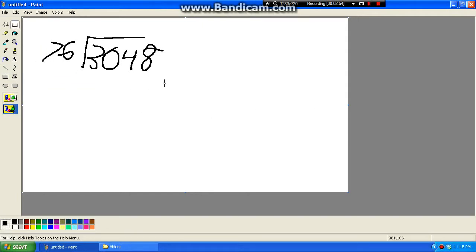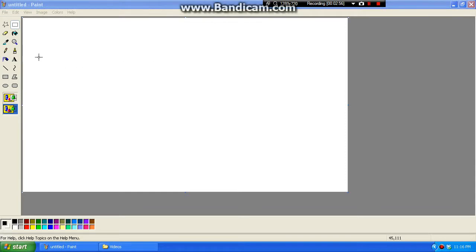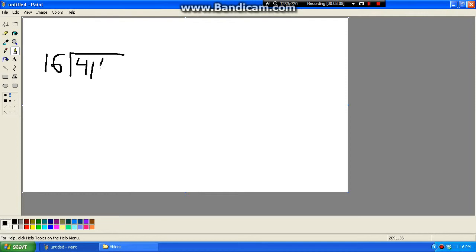Well, let's have an example. I hope this example works for my purposes. We're going to say, how many times does the number 16 go into 4,144? We're using this example as our reference to see how we can generalize this into polynomial division.